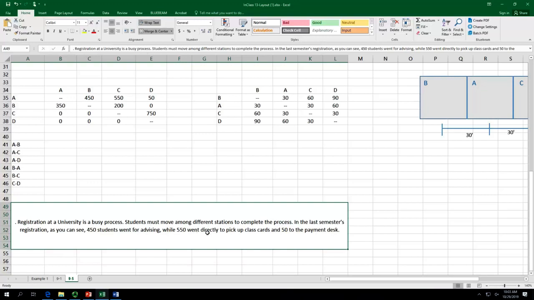Students must move among different stations to complete the process, paperwork, and signatures. In the last semester's registration, as you can see, 450 went for advising, while 550 went directly to pick up the class cards, and 50 to the payment desk.